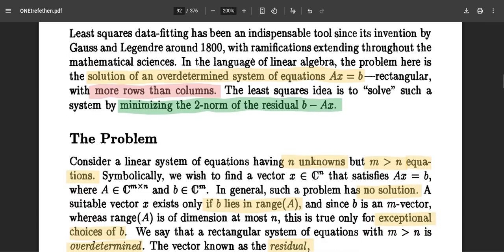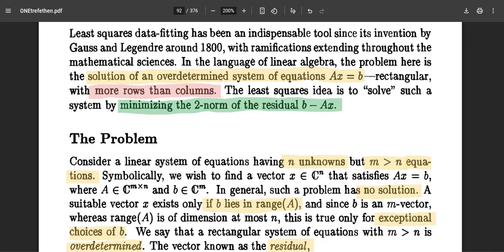So we have no solutions. The reason is that we have more equations than the number of unknowns n. What happens when there are more rows than columns?